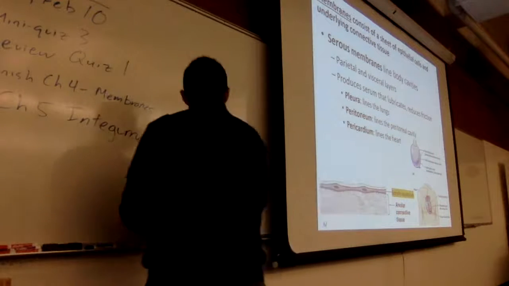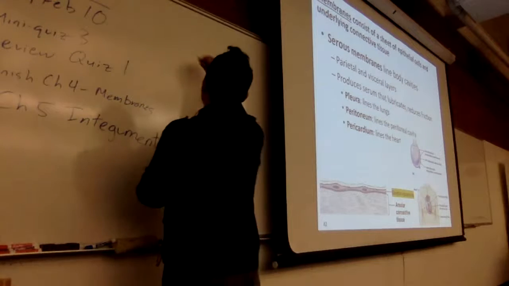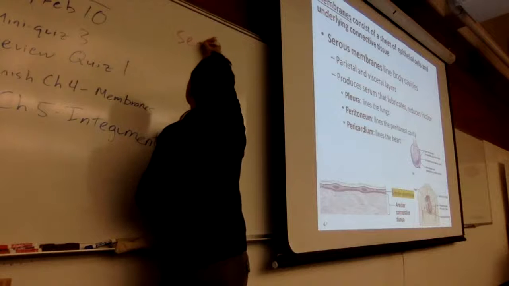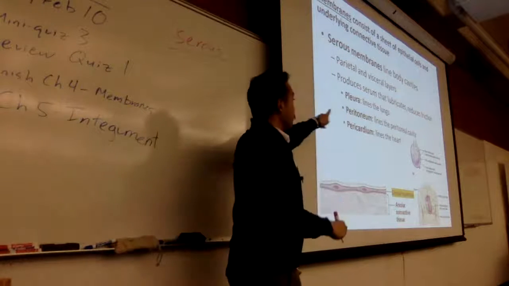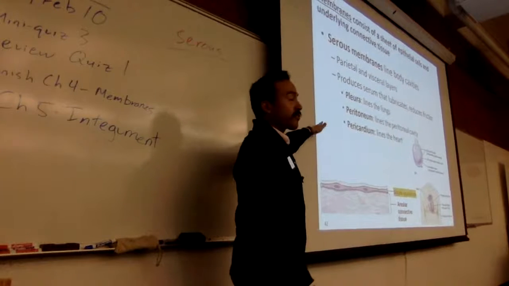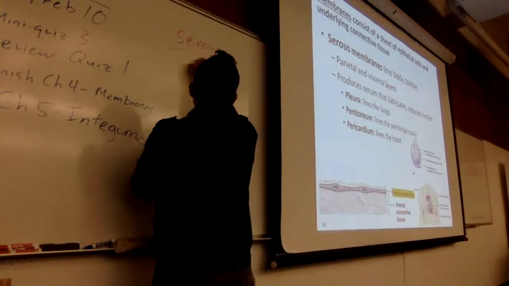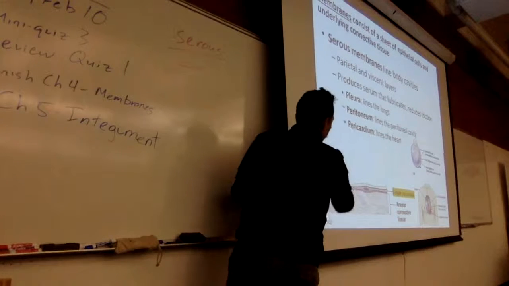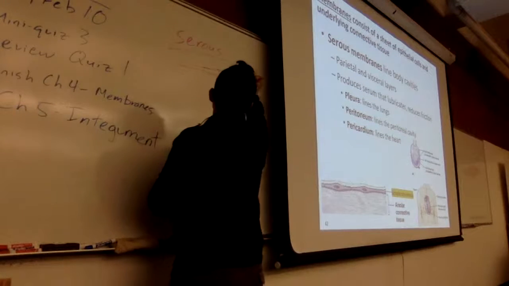So when we see serous membranes, what we have, it's those membranes that line lungs, peritoneal cavity in the heart, for example, the 3 that we've gone over. You have simple squamous epithelium on the apical side, the side facing the lumen.